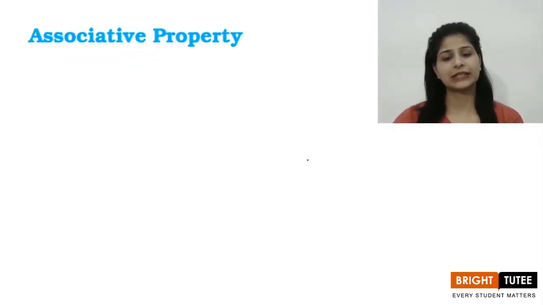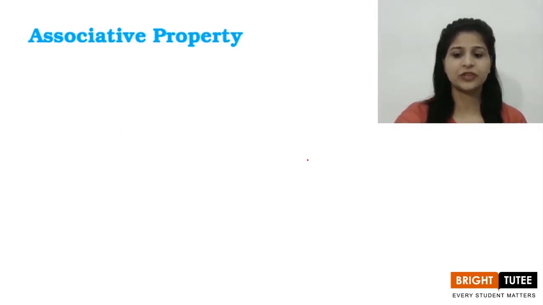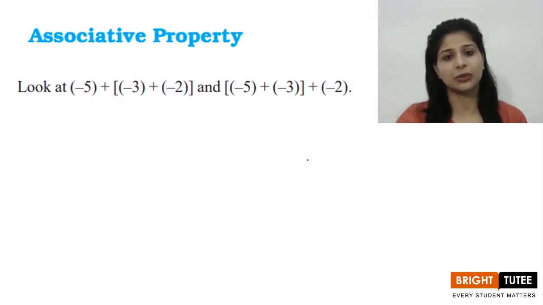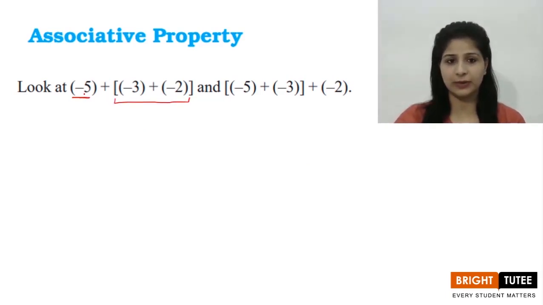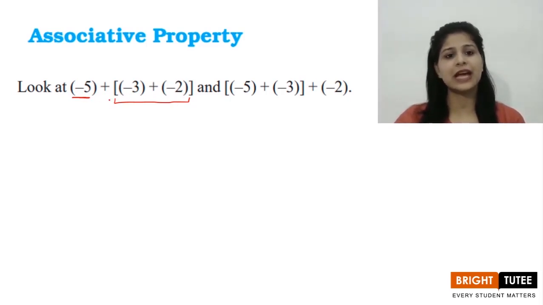The next property that we are going to discuss is the associative property. Look at these two statements. In the first one, minus 5 is written outside the square bracket, and these are three integers, minus 5, minus 3 and minus 2. All three are negative integers and we are going to add them.